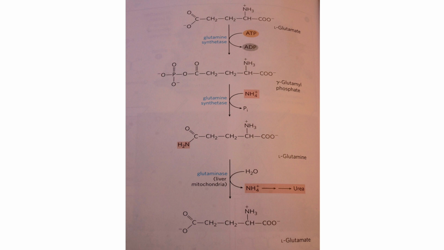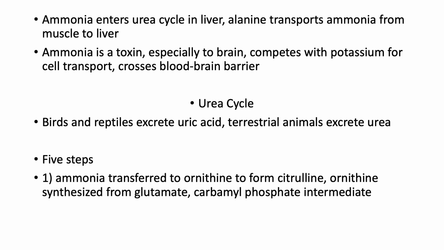So you're trying to get this ammonium ion right here, and glutamate is the end product. This is how you can recycle ammonia through an ATP linkage here, ammonia placed at this point here, and then released as a cycle. The ammonia enters the urea cycle in the liver.